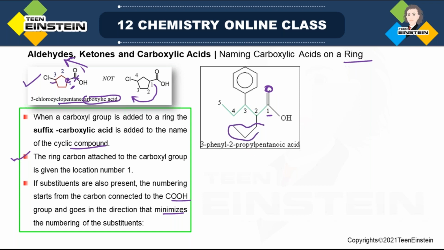At the 2 position you have a propyl substituent, at the 3 position you have a phenyl substituent. So the name is 3-phenyl, then 2-propyl. Both start with P, but the next letter is H versus R, and H comes before R. So 3-phenyl, then 2-propyl, and then as usual pentanoic acid. So this example is not for naming a carboxylic acid on a ring, but I have mentioned it so that you can understand the difference.